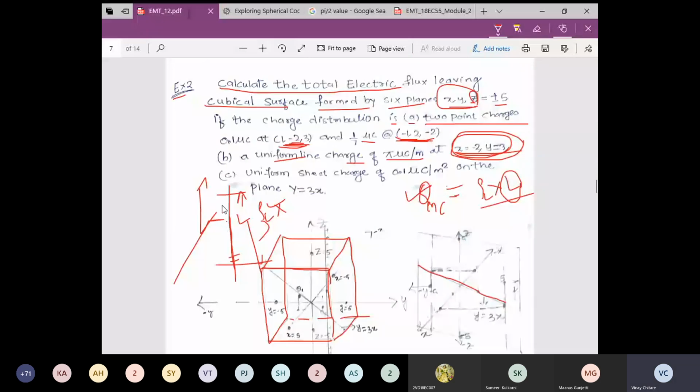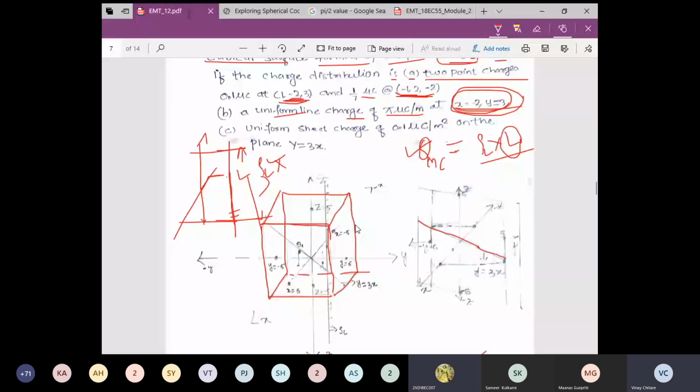It is Z because I said that the line is parallel to the Z axis. So now tell me, what is the total value of Z in this closed surface? 10. That's very good, because plus 5 above, minus 5 below, total length will be 10.